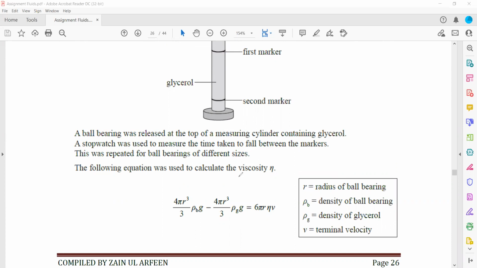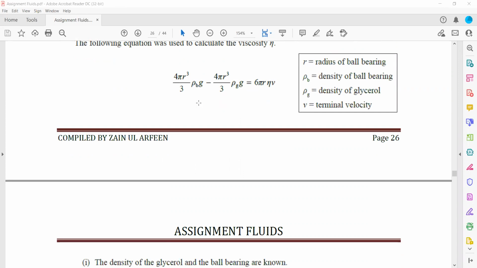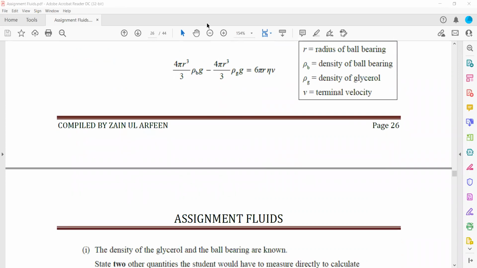If I simplify this equation, because this equation can be simplified, we can see 4 pi r cube by 3 is common on both sides, and the gravity is also common.